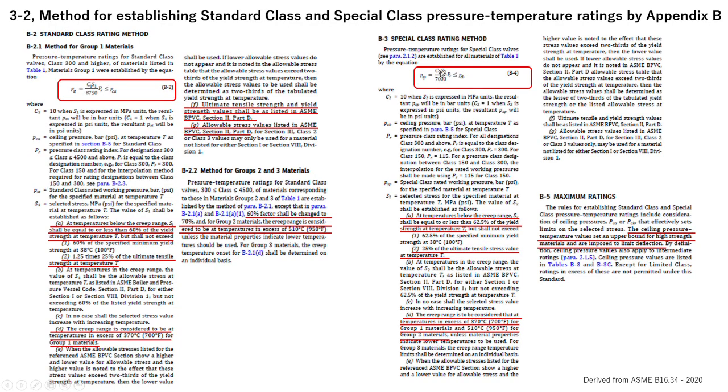So we usually use 10 when S2, the selected stress, is expressed in megapascal. So we use C2 equal 10. So S2 is the selected stress for the special material at temperature T.